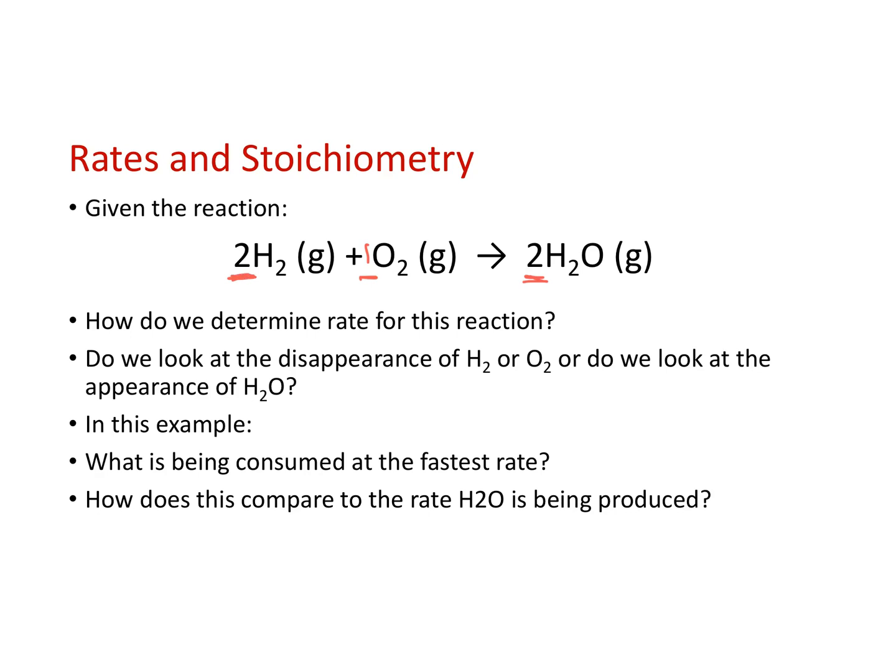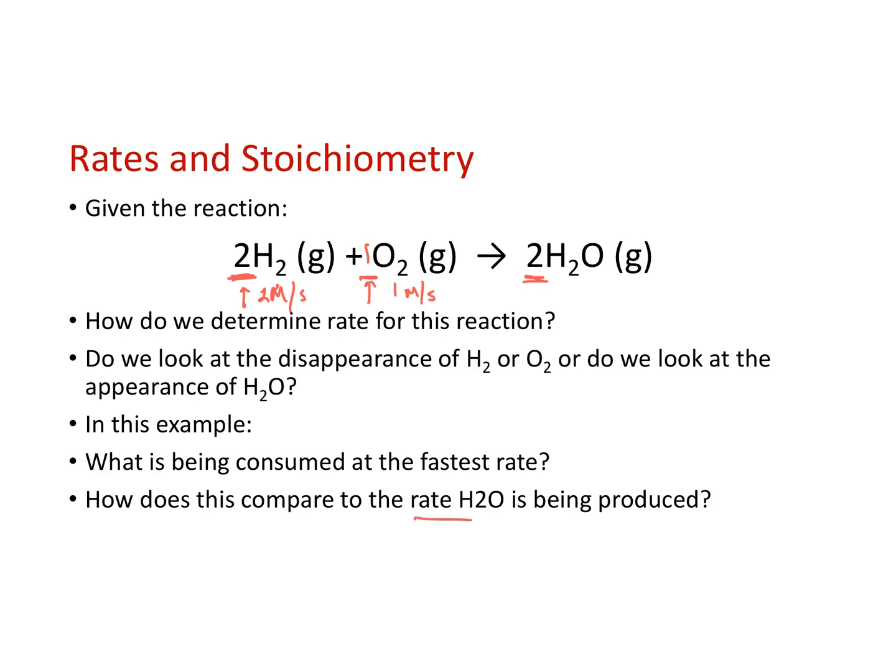For that, I would need 2 moles of hydrogen to react with 1 mole of oxygen. So I would have 2 molar per second hydrogen reacting with 1 molar per second oxygen. We can use those coefficients to get a relative rate. We're using twice as much hydrogen as we are oxygen per cycle of that reaction. So hydrogen's reacting at twice the rate: for every 2 moles of hydrogen that disappear, 1 mole of oxygen disappears.